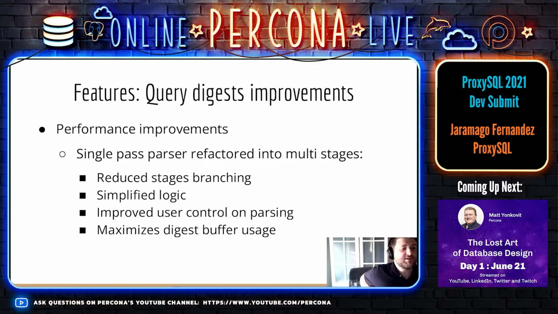The performance improvement. Here are some insights about the refactor that we performed. The previous parser, the tokenizer that we had, was refactored from a single pass parser into multi-stage parsing. The goal here was to reduce the branching, because it was very complex logic, to simplify the logic, to improve user control of parsing, adding more configuration options such as the ones you're seeing.